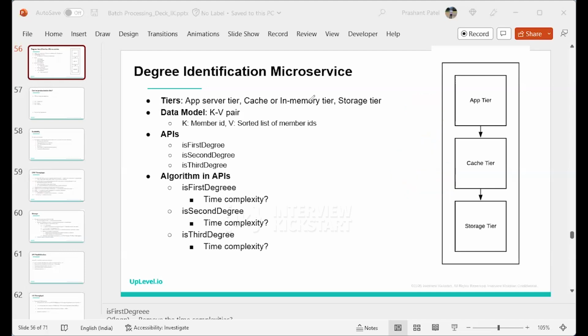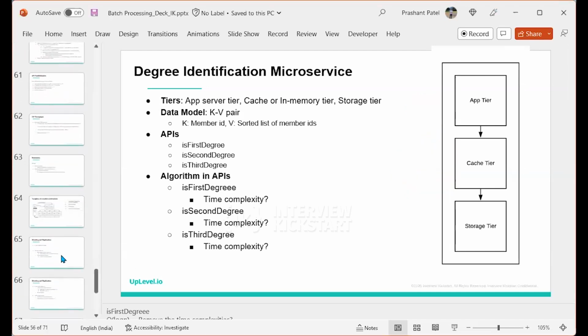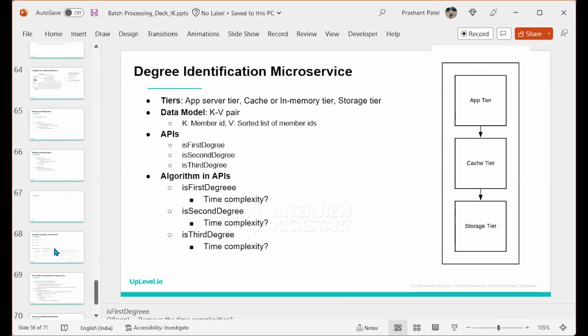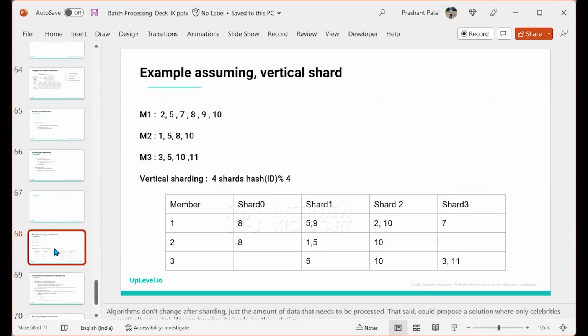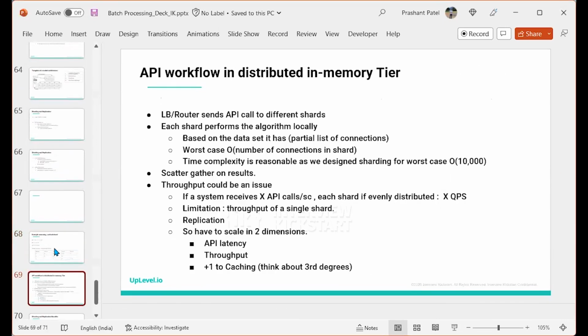So this was one thing, and we discussed sharding, which is the important point here, how we are structuring the data. And now the API flow. Once you have presented the APIs and your algorithm, you can describe the API flow.